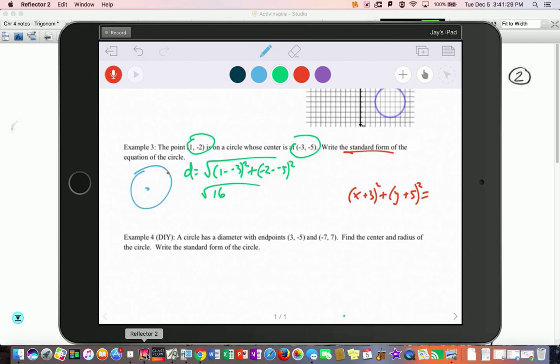And negative 2 plus 5 is 3, squared is 9. So I'm getting the square root of 25 or 5. So this would be 25 over here. Now another way to do this, just doing the distance formula, another way is to just set up your equation.